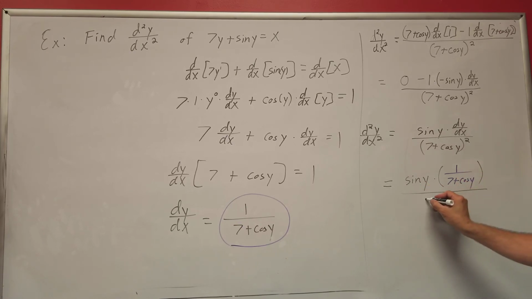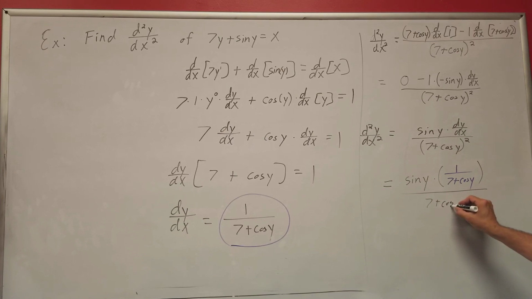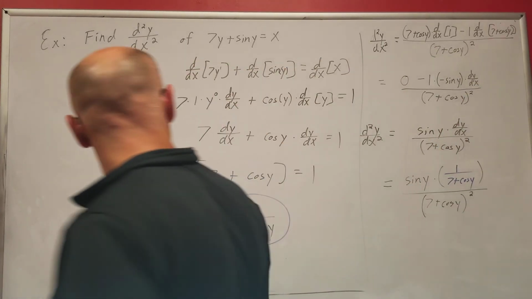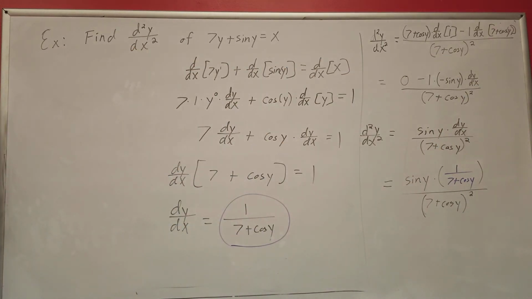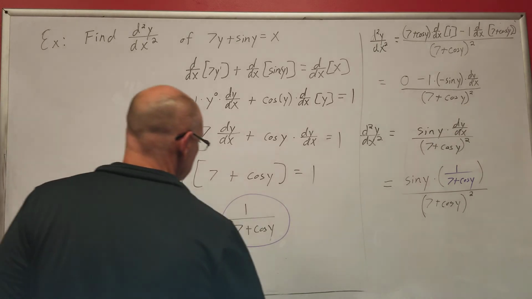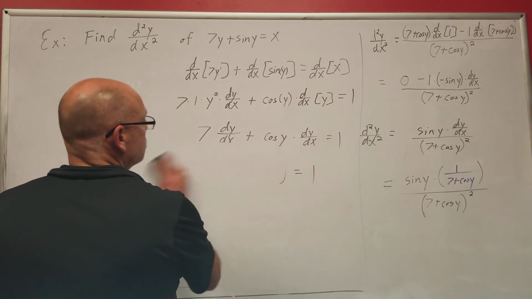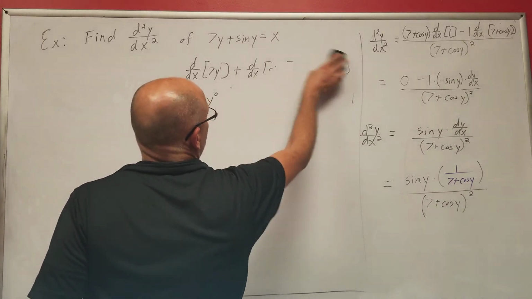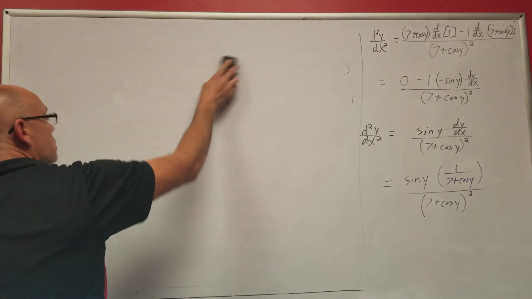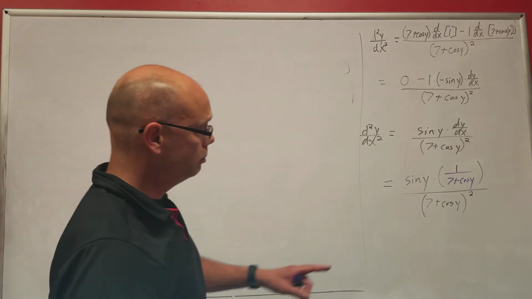It's going to all be over (7 plus cosine of y) squared. Oh, now I got a mess, huh? What kind of mess do I have? Fractions inside of fractions, or fractions on top of fractions right here?